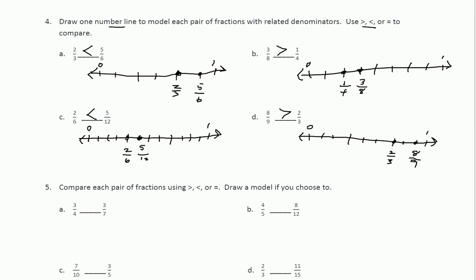If you look at B, if you change the fourths into eighths, the 1/4 would become 2/8. Okay, and so this 1/4 is actually also 2/8. And on C, the 2/6 could also be known as 4/12.